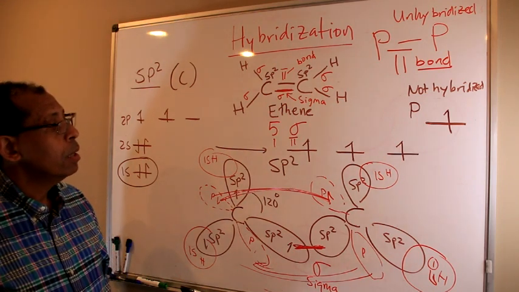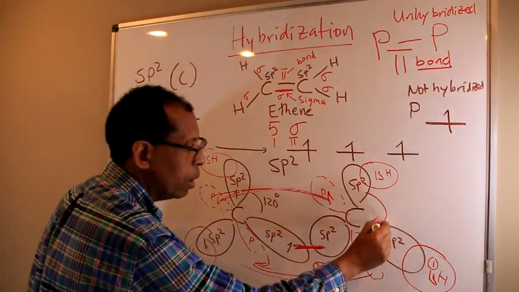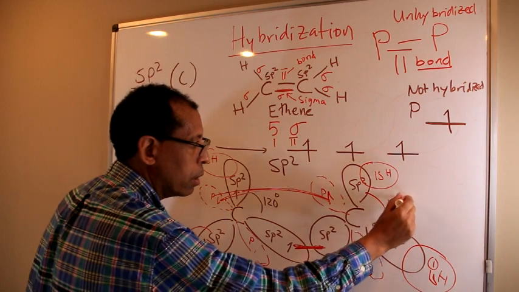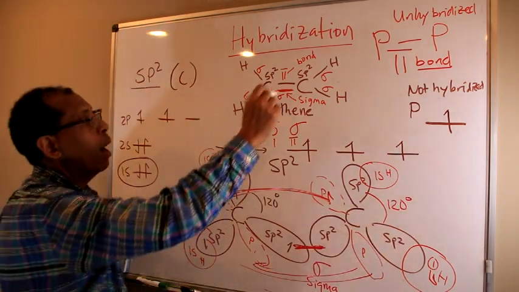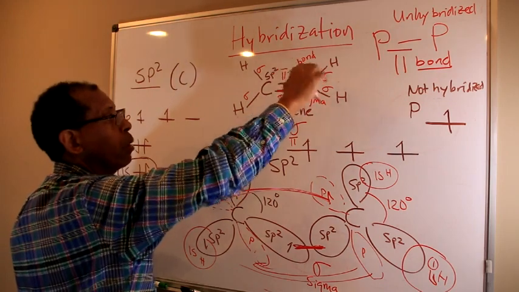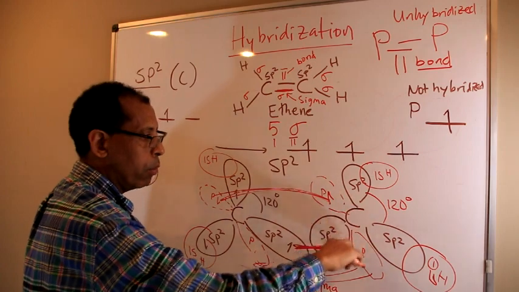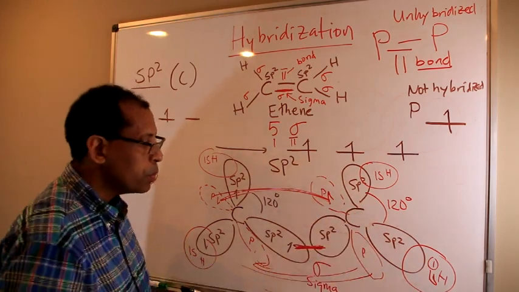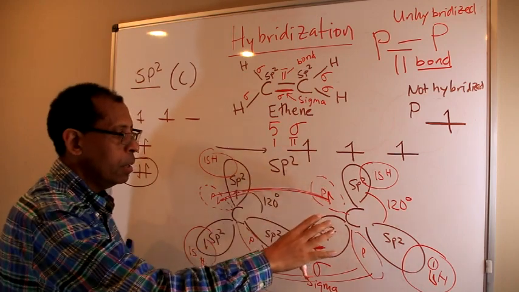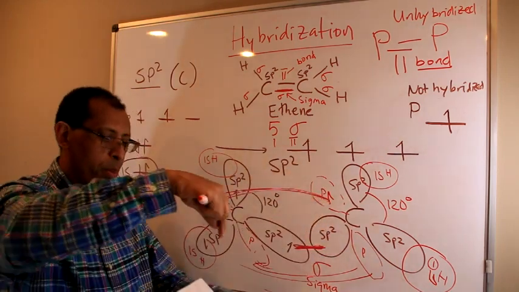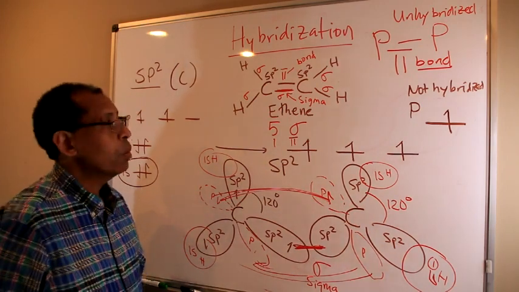to show you how sp hybrid orbitals are combined to make a stable compound. And the geometry, as I said, for sp2 is 120 degrees. This is important for you to remember. The sp2 has a 120 degree orientation because of the best overlap. But for the pi bond, the p orbital is perpendicular to the plane of the sp2 hybrid orbitals.